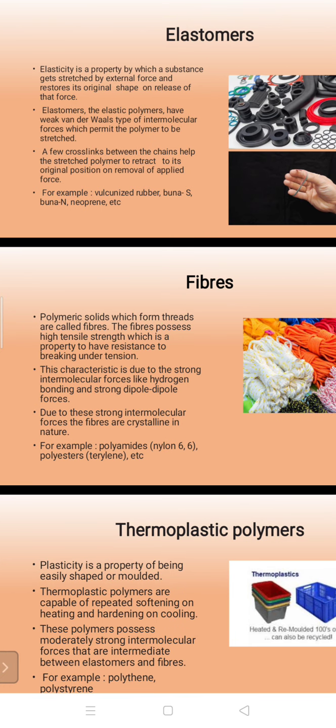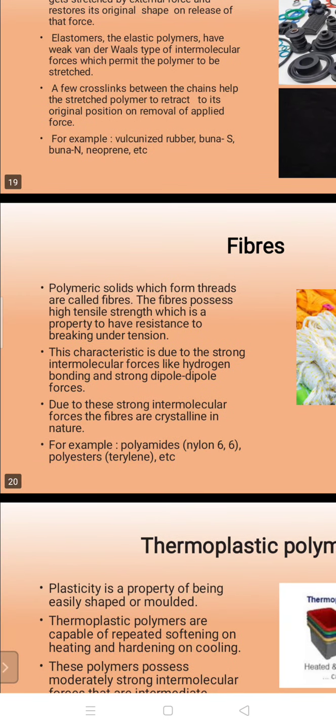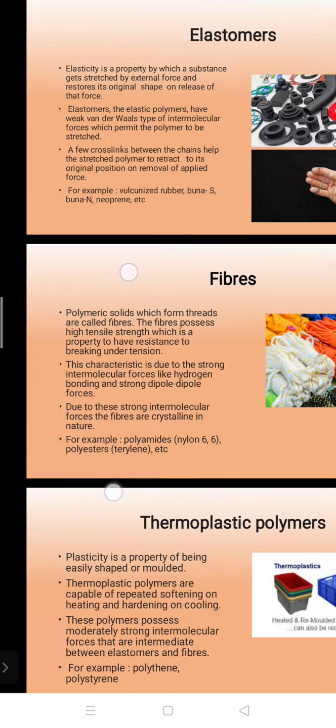They can be formed due to strong intermolecular forces, and the fibers are crystalline in nature. Some examples I am giving: polyamide, meaning nylon 6,6. Why 6,6 is there, we discussed previously. Then polyesters, terylene. These are the fibers, which are polymeric solids.